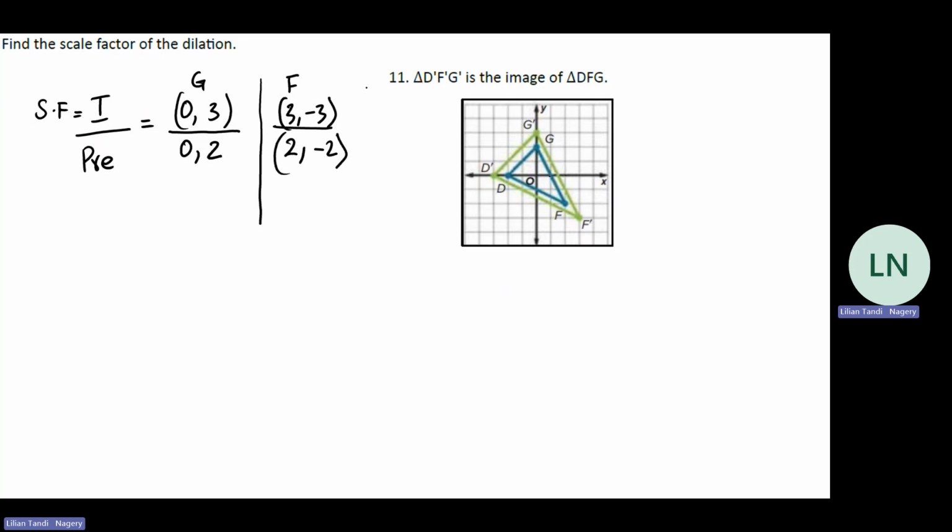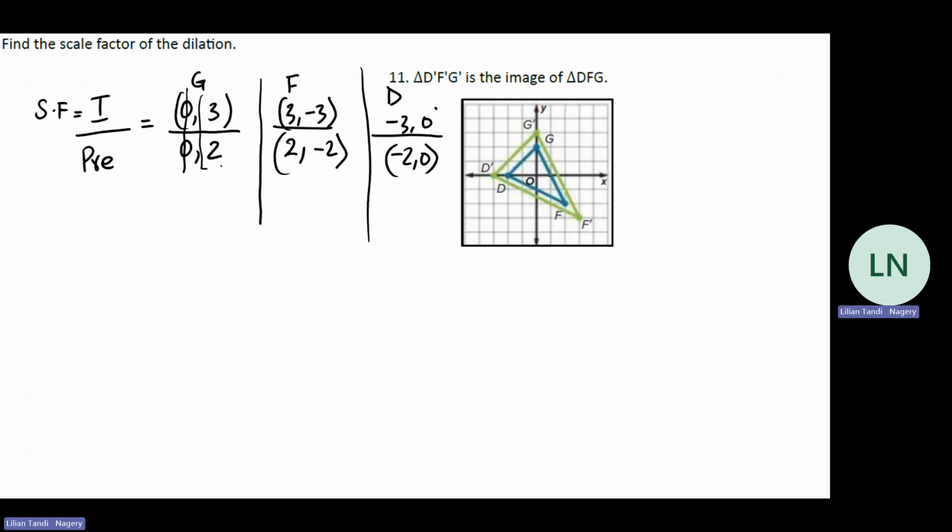Just like that. Then we find D. When we find D, negative 2, 0 for the blue one. And for the green one, 1, 2, 3. Negative 3, 0. Okay, so this will become 0.